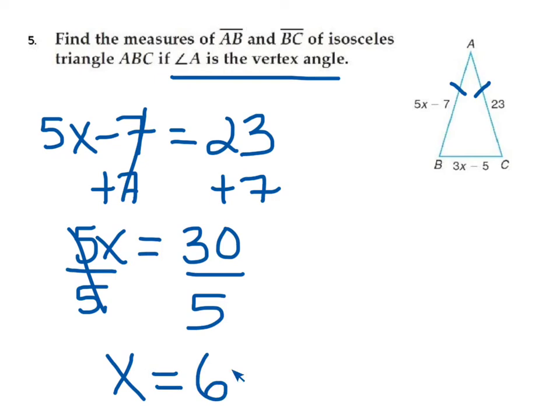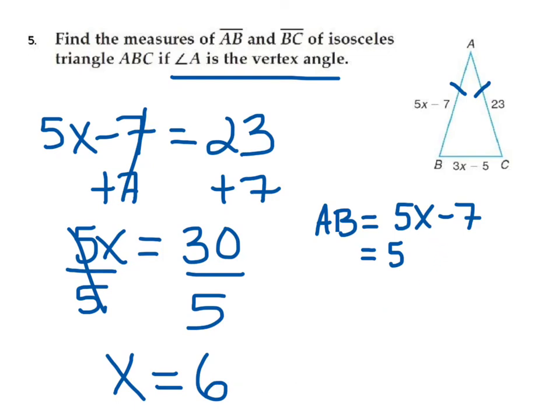So what we've done so far is we've found the value of x, and that's going to help us to answer the question. But let's look at what they're asking us to do. We want to find the measure of AB right here. So let's use proper notation. Remember, segment length is given with the notation of a segment without the bar above it. So the length of AB is given as 5x minus 7 in terms of x, and now we'll substitute the value of 6 in for x right here.